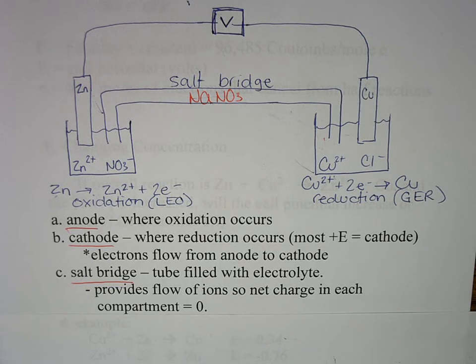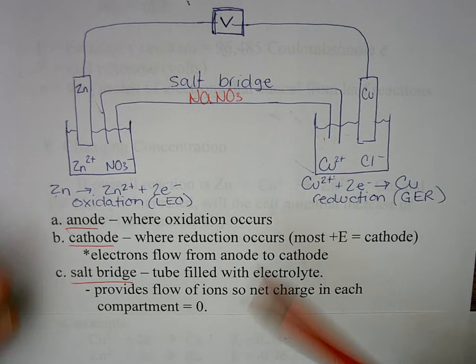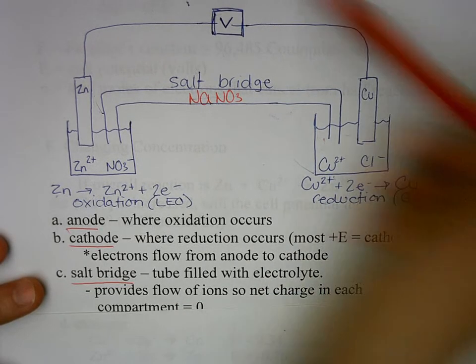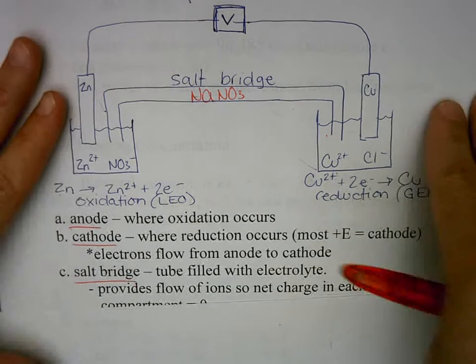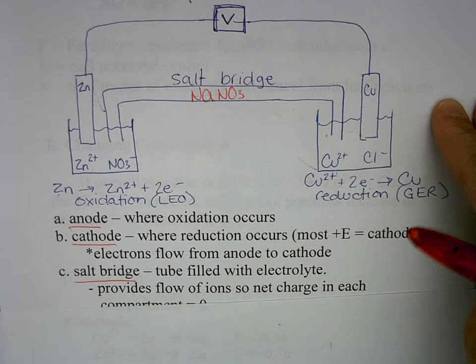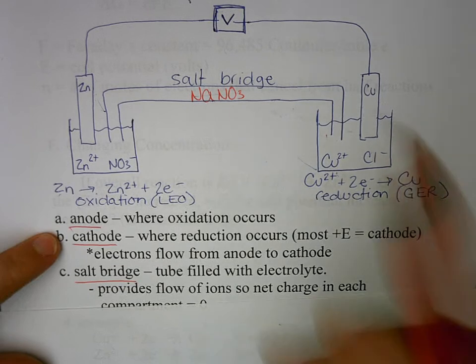You have probably heard of the terms anode and cathode. But you have to be able to label the different parts of this diagram as one of those two things. And in order to label them, you need to have the definitions memorized. The anode is where oxidation occurs.